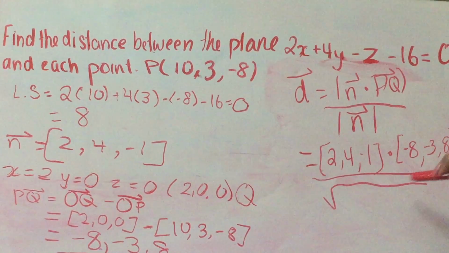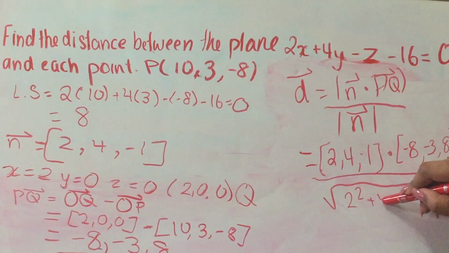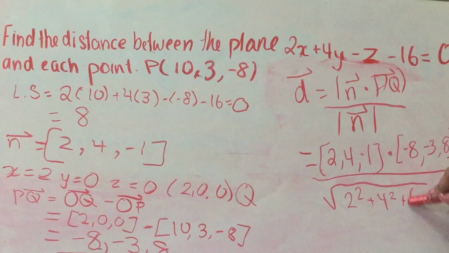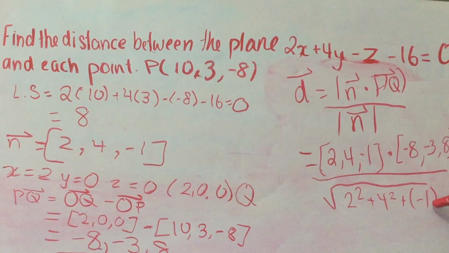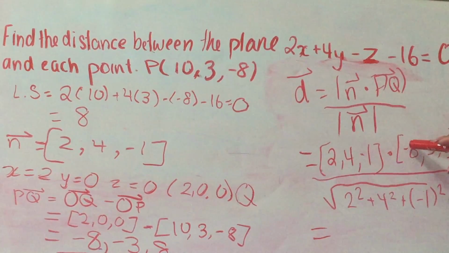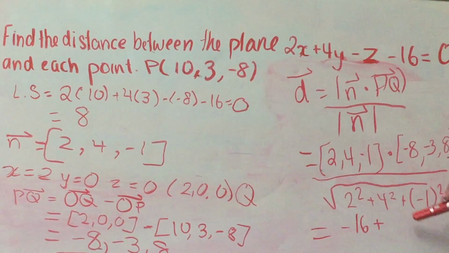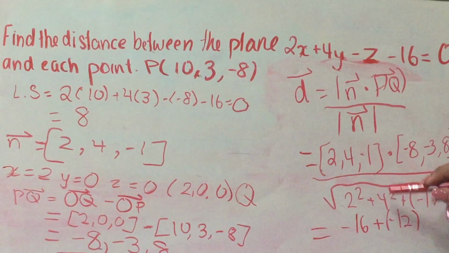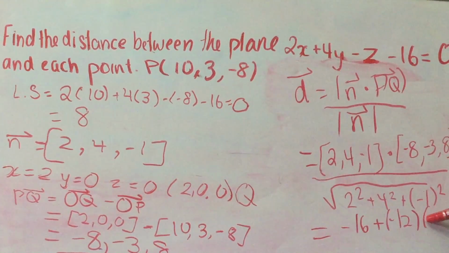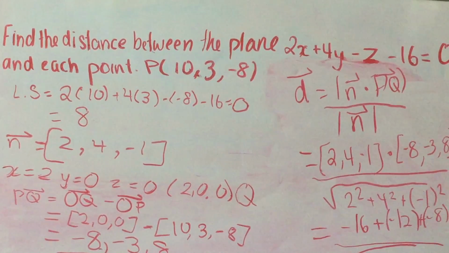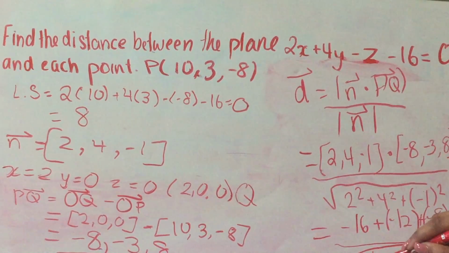So that is 2 squared plus 4 squared plus -1 squared. So now that's going to give us, so 2 times -8 is -16, plus 4 times -3 is -12, plus -1 times 8 is -8, over 2 to the power of 2 is 4, 4 plus 16 plus 1.